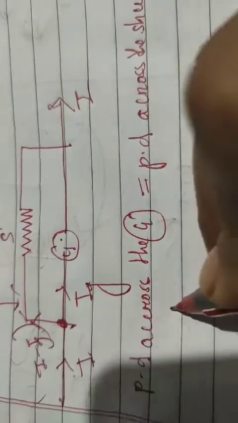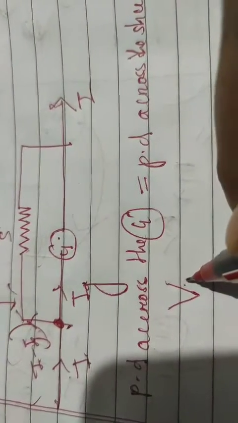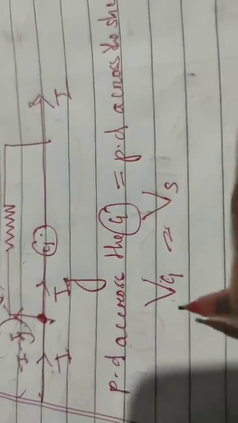The potential difference across the galvanometer, V of galvanometer, should be equal to V of shunt. According to Ohm's law, V equals IR, student.